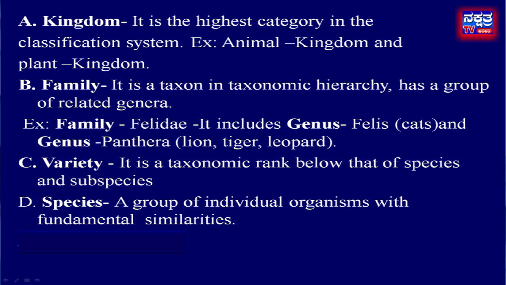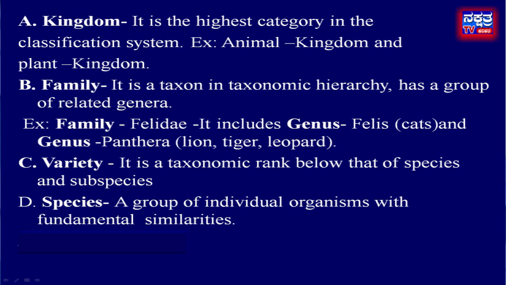Next, second option is B, family. Family is a taxon in taxonomic hierarchy. It has a group of related genera, as I mentioned in the previous question. Next, C is variety.